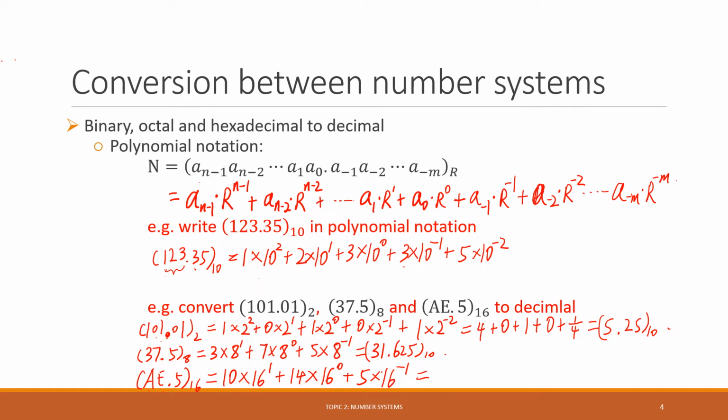Again, calculate and add everything. We got 174.3125. That's the decimal representation of AE.5 in hex.